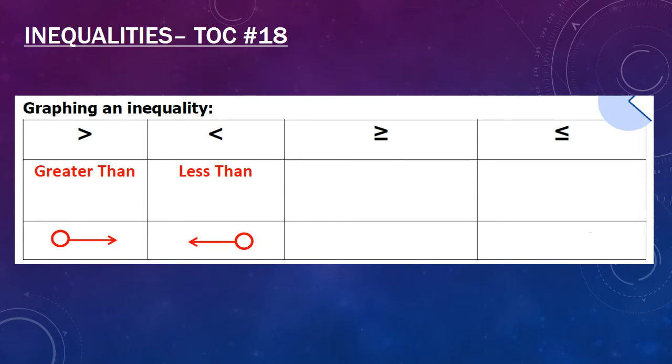And then the two on the right, we have a greater than or equal to symbol, and it has that line underneath. So I like to remember that because it is equal to, and the number is part of the solution, we use a closed circle or filled-in circle, because that shows that the number that we're starting at is part of the solution. It's included.